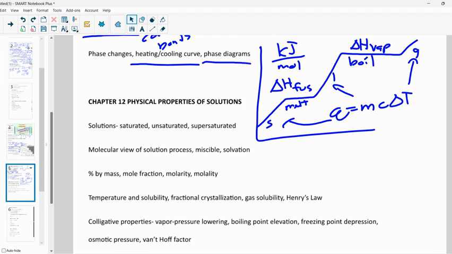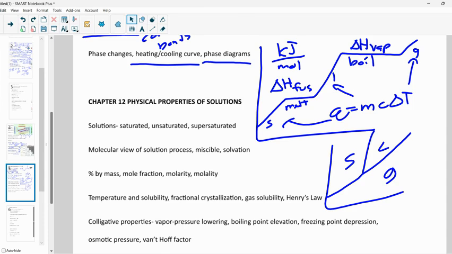Phase diagrams. Right. Phase diagrams, we have our solid, our liquid, and our gas. We have temperature and pressure, so it shows the relationship between temperature and pressure.